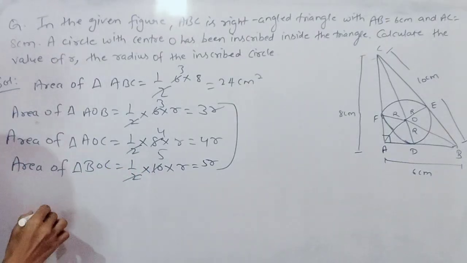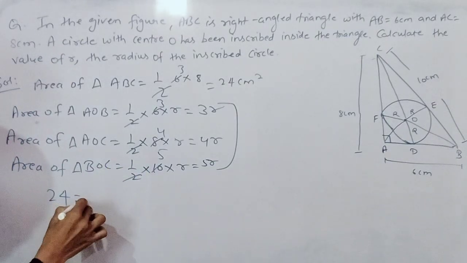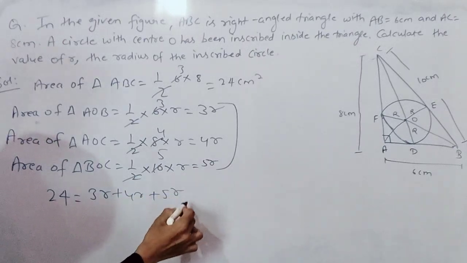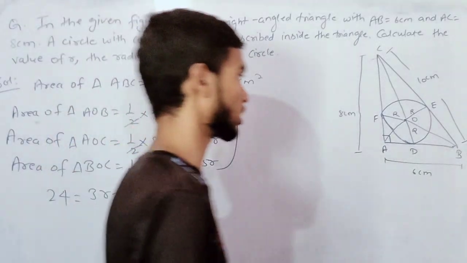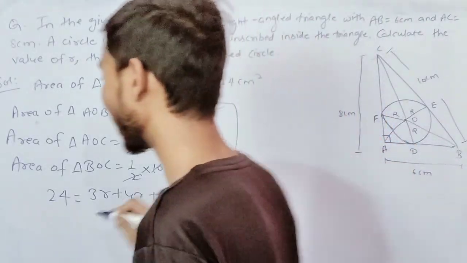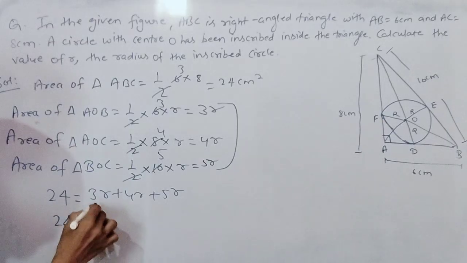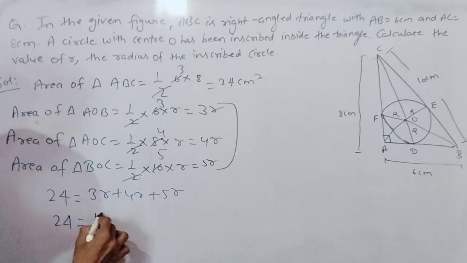So can we say 24 is equal to 3r plus 4r plus 5r. From this we will get the value of r, the radius. So easily you can say 12r.